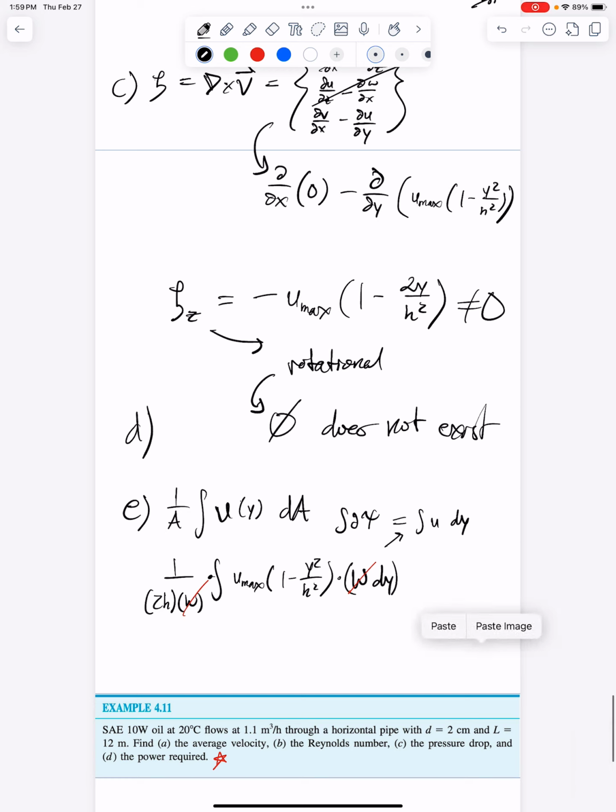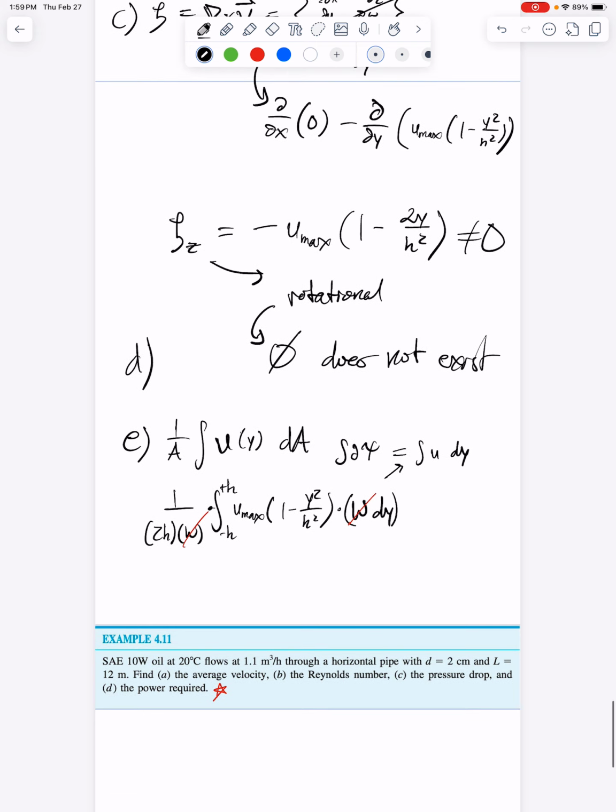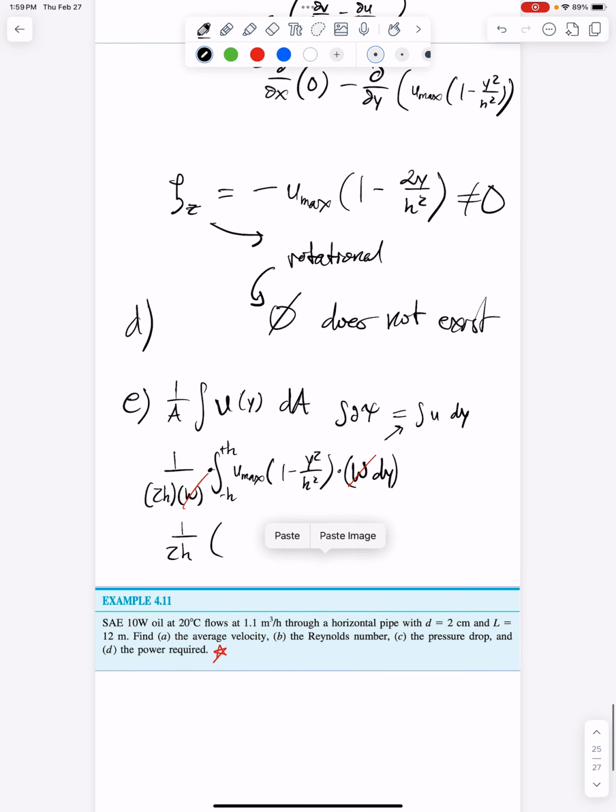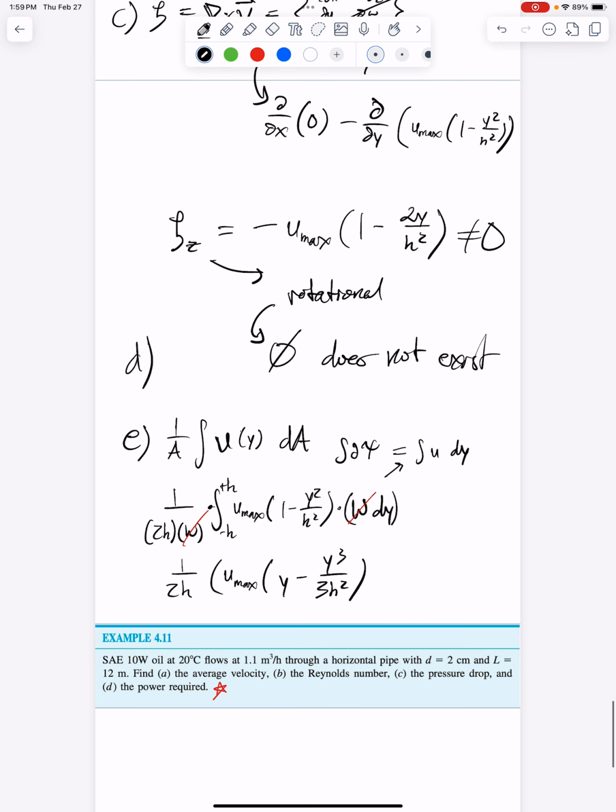And I should have mentioned, we're evaluating with the bounds of negative h to positive h, which is the bottom surface of the fixed wall to the top surface of the fixed wall. So this results in 1 over 2h multiplied by this term here, evaluated from negative h to positive h.